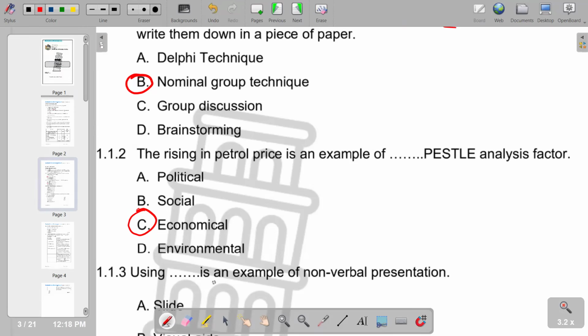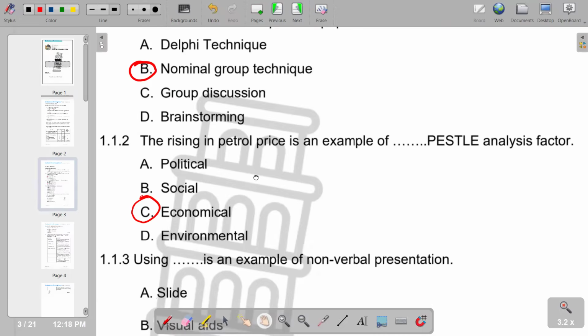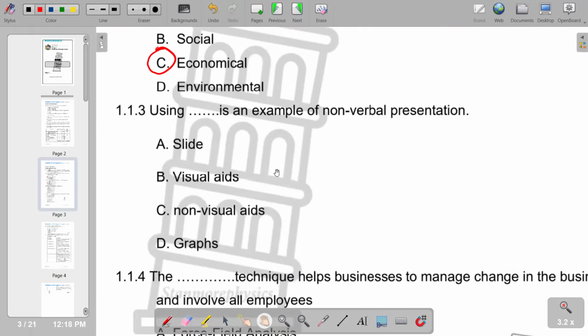Now the next question, number three. Using dash is an example of non-verbal presentation. Basically, a verbal presentation involves the act of delivering information, ideas, or arguments to an audience using spoken words.